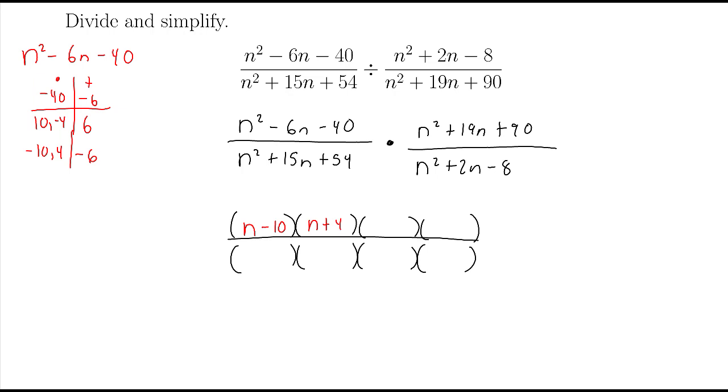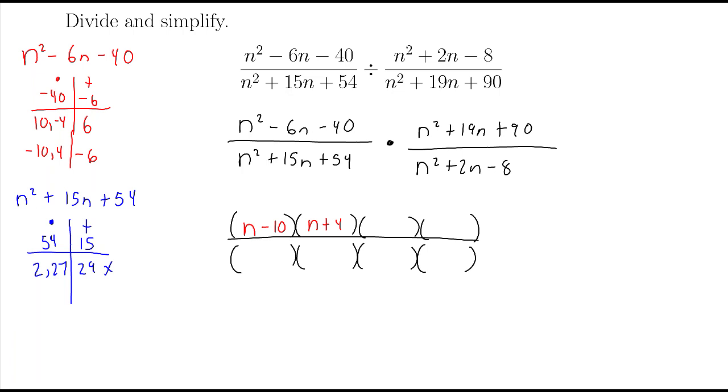Now let's do n squared plus 15n plus 54. Again, understood 1 in the front. I need two numbers that multiply together to be 54, but add together to be 15. 2 and 27 add up to 29, so that's not good.